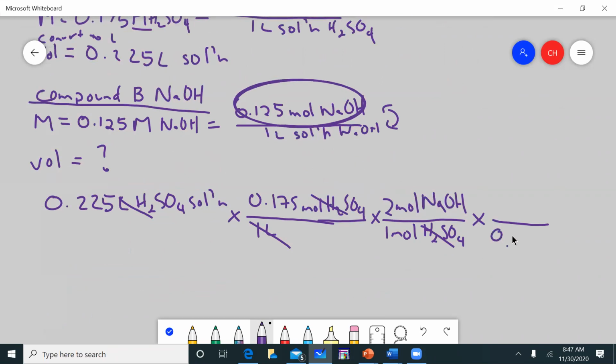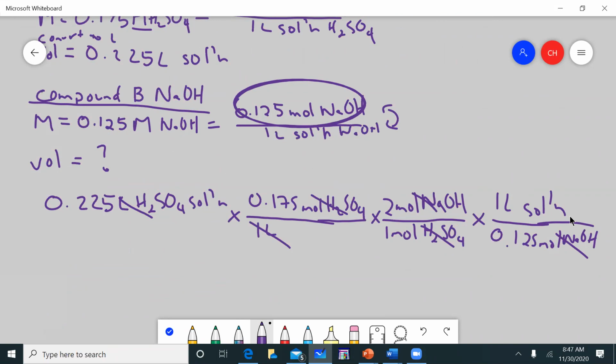So 0.125 moles of NaOH will yield 1 liter of our solution. And look, the moles will cancel there.